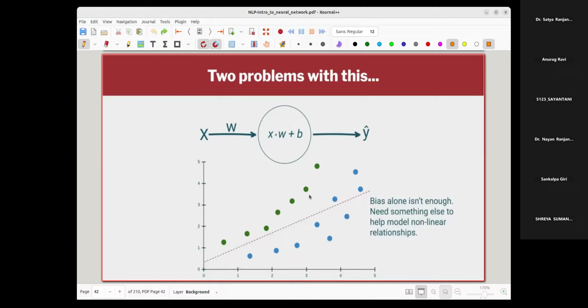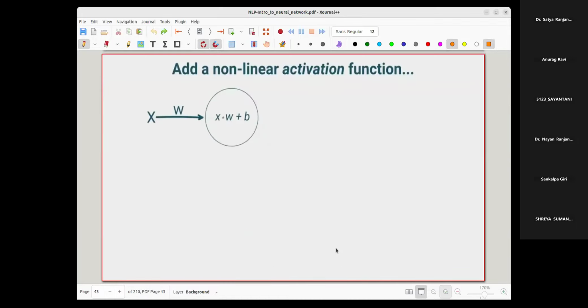So to add nonlinearity that will be able to segregate these two classes perfectly, we have to add another function after this one, which we call the activation function. Previously x was the input, w was the weight, and we passed it through the function x into w plus b, giving an output h.